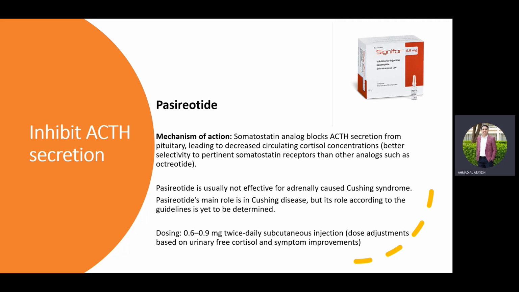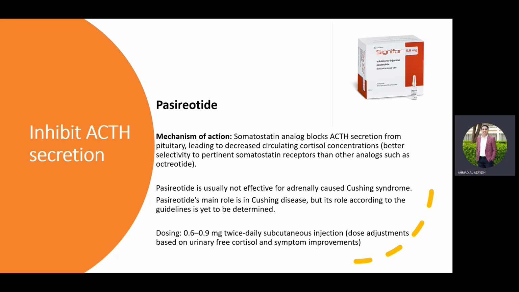Mechanism of action: pasireotide, a somatostatin analog, blocks ACTH secretion from the pituitary gland and decreases corticosteroid level. It makes sense that it is not effective for adrenal-caused Cushing syndrome, which means that if the problem is in the adrenal gland, this treatment has nothing to do with it, because it targets ACTH.